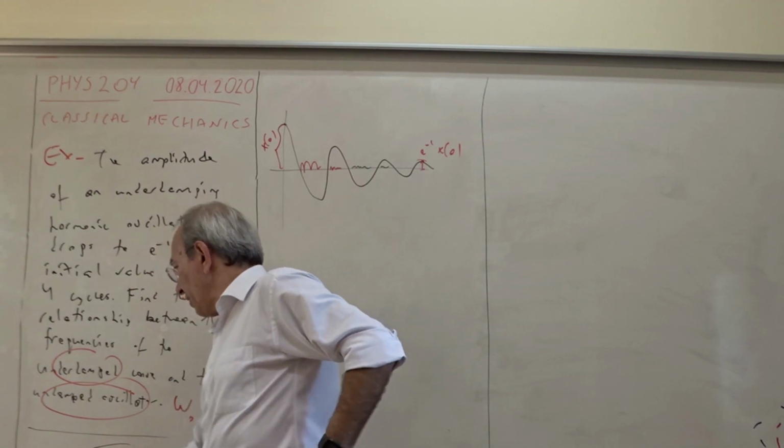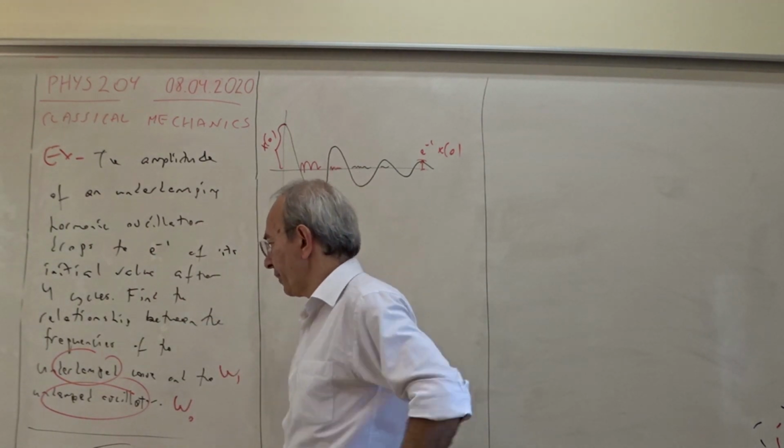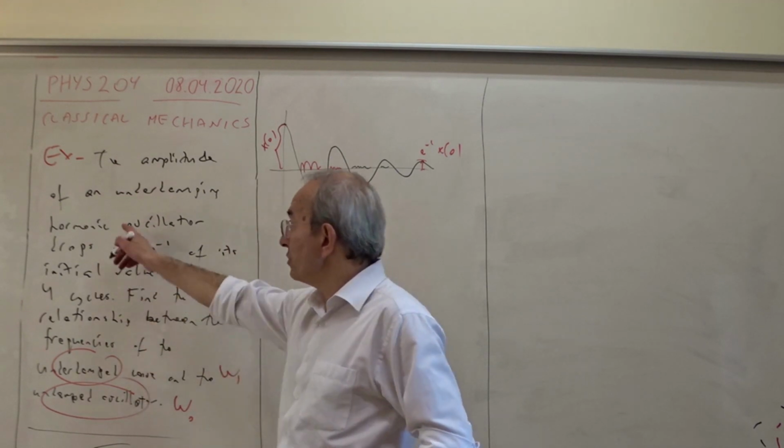If you compare the two frequencies, how do you get beta from this information?